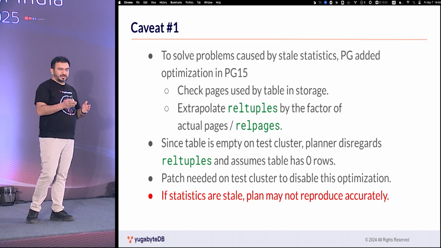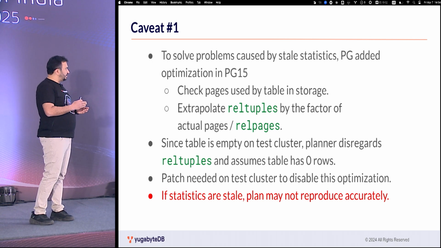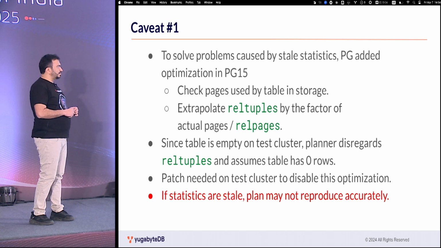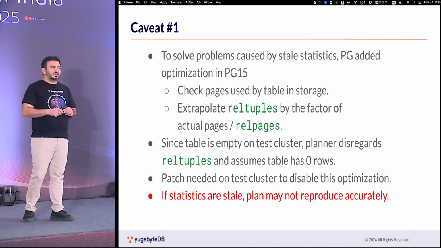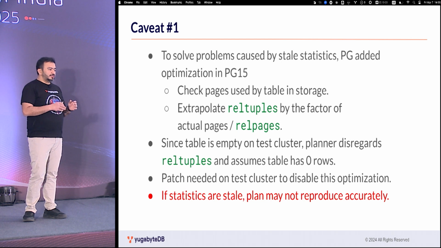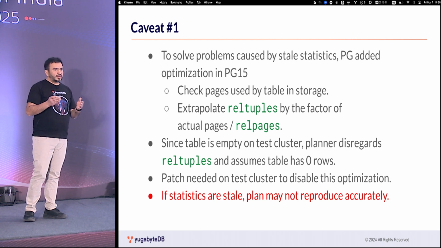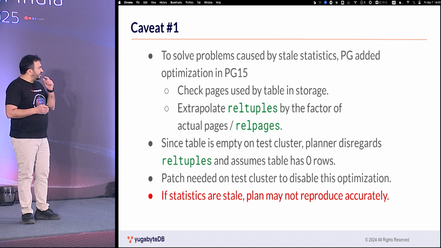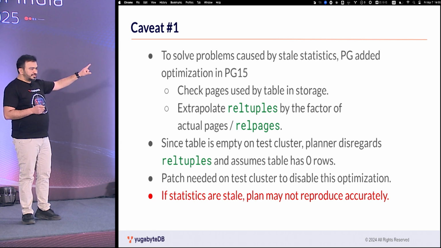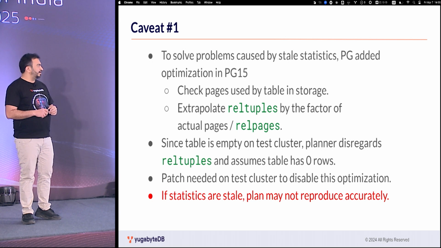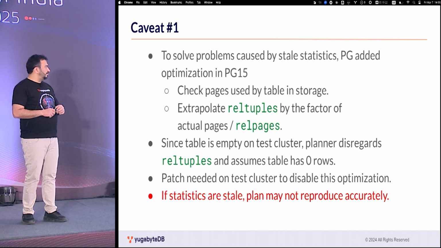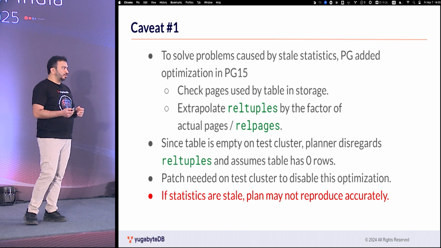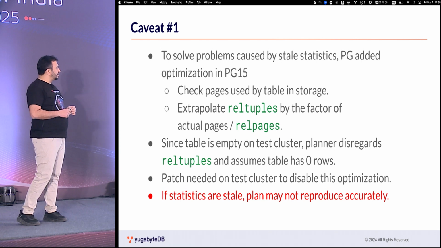These statistics are collected periodically, and so they can get stale after some time when you're adding data to the table. So what PG15 does, to compute the current number of rows in a table, is extrapolate the number of rel tuples that is in the statistics, by dividing it by the actual pages in the table, which it can find from the file system, and then dividing by what rel pages we had recorded last time. So it extrapolates the number of rel tuples.